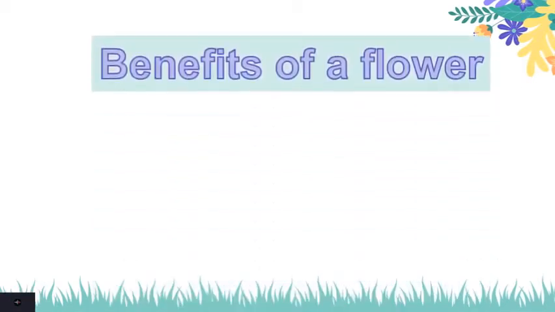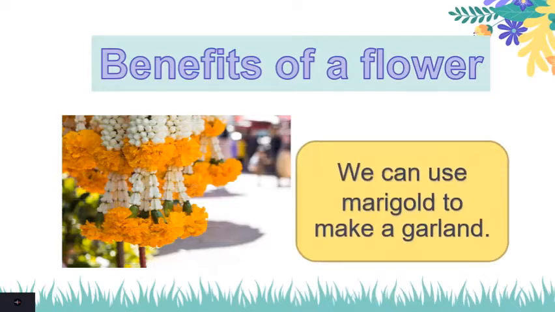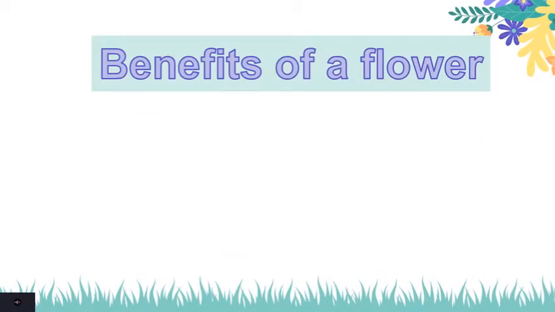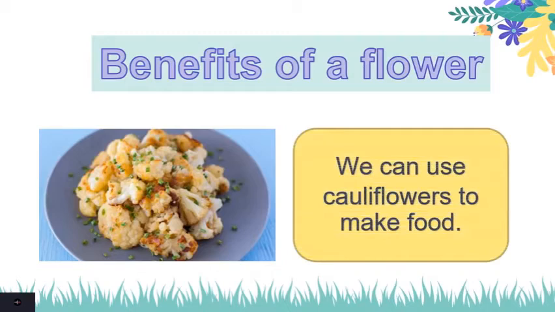Benefits of a flower. We can use flowers such as marigold to make a garland. This is used in ceremonies, in weddings, or any other special occasions. One of the benefits of a flower, especially the cauliflower, is for food.